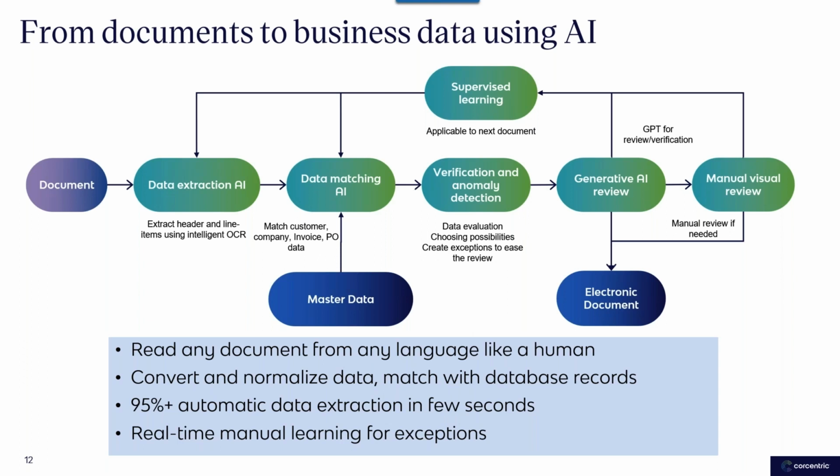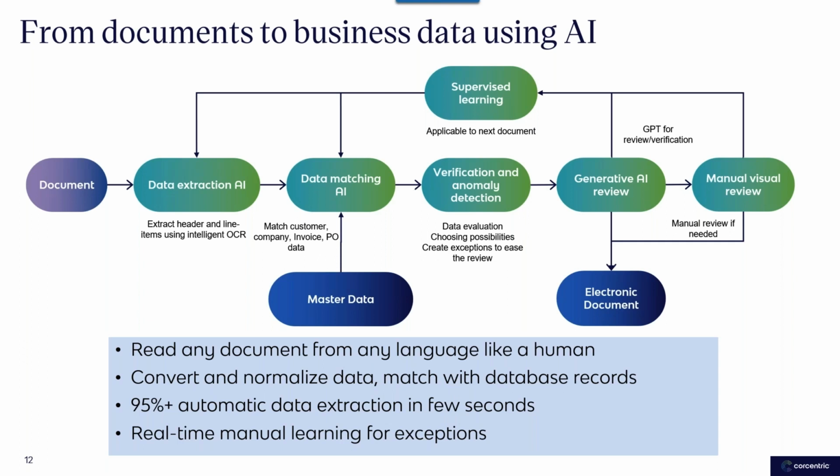And the nice part is, let's say that from this document you are not able to be sure about extracting or validating this data. You can have either the generative AI or the manual review, and after the review the system will be able to learn. So the next time you receive a document from the same customer, the system will automatically process it, because it learned from a previous document which looks the same.